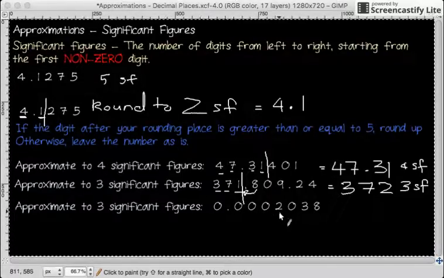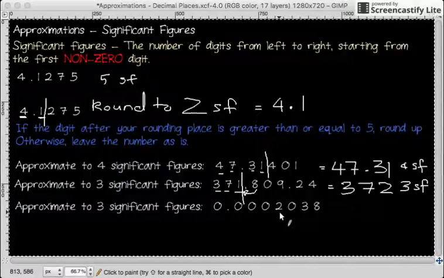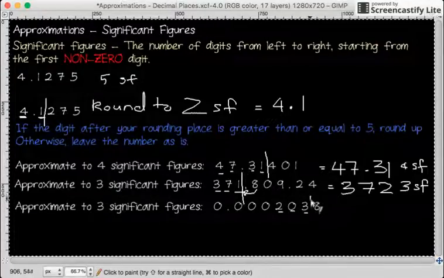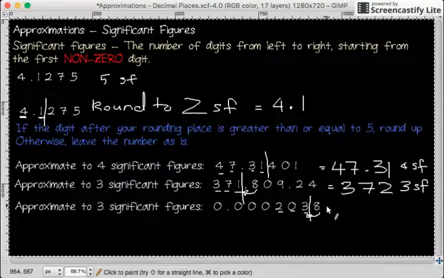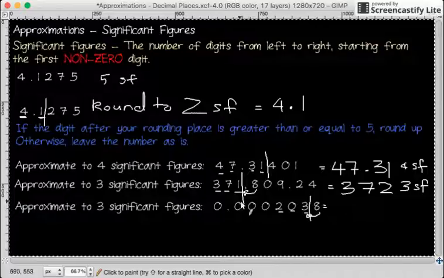So we can only start counting the significant figures from the 2, because that's the first non-zero digit. So we count 1, 2, 3, put the cutoff point there, and use the test. Is this greater than 5? Sure is. So that 3 is to become a 4.